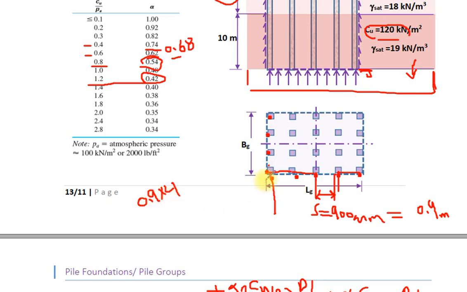Add to this value half the dimension of pile here and half the dimension of pile here. The width of the pile is 0.3, so here 0.15 and here 0.15. 0.15 plus 0.15 equal to 0.3.